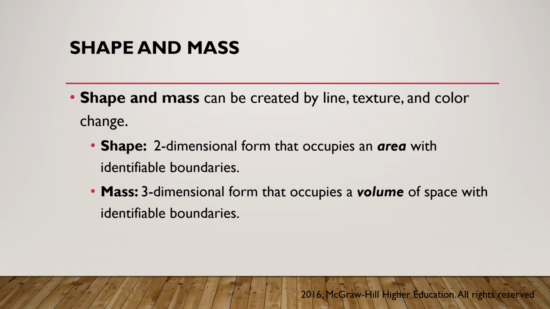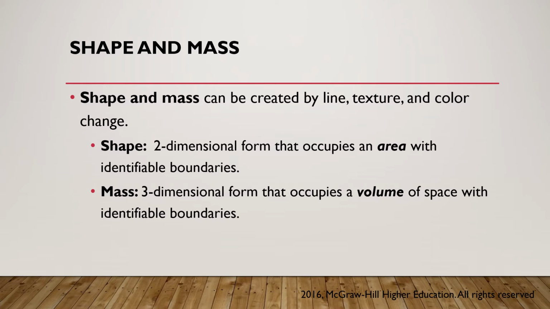We have shape and mass now. Shape and mass can be created by anything: line, texture, color, anything like that can create that. Shapes are two-dimensional objects. I don't like to use the term form here because I think form is more three-dimensional.